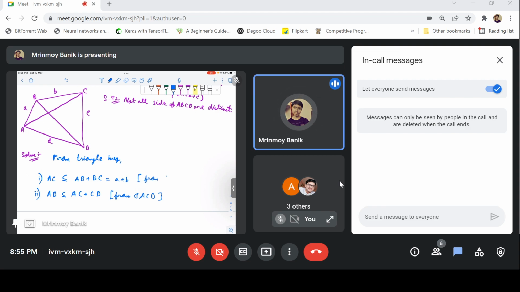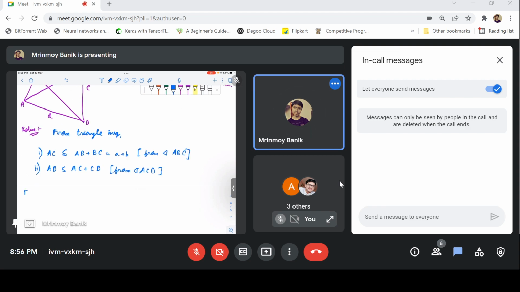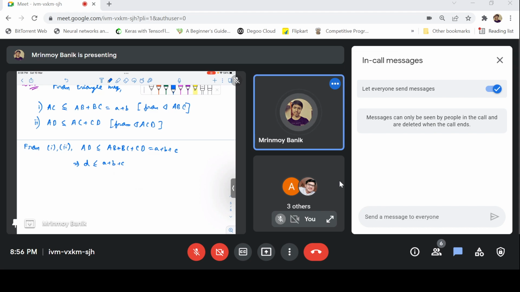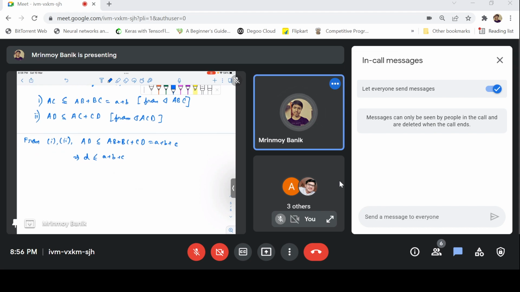This is from triangle ABC. So from these two inequalities, we get AD is less than or equal to AB plus BC plus CD. And AD is D. So we got D, the fourth side, is less than or equal to the sum of the first three sides.